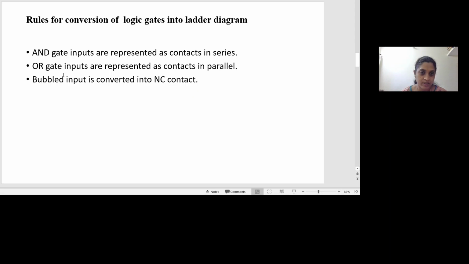For an OR gate, if it has two inputs, those inputs are shown as contacts in parallel. If an OR gate has four inputs, all four are represented as four contacts in parallel. And whenever an input of a gate is bubbled, that should be shown as an NC contact, a normally closed contact.